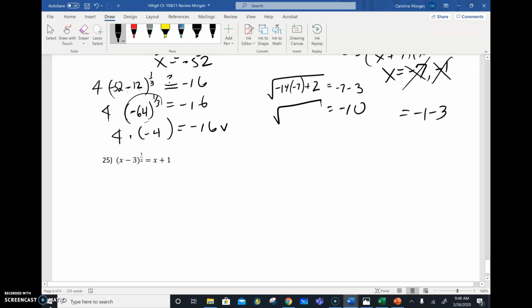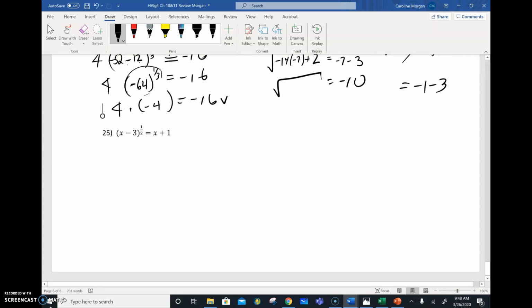Okay? Last problem. Again, square root. We square both sides. x minus 3.